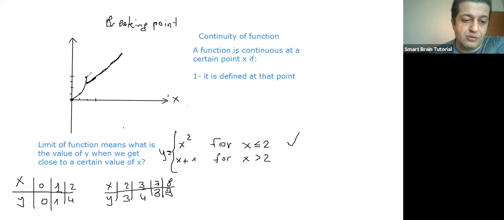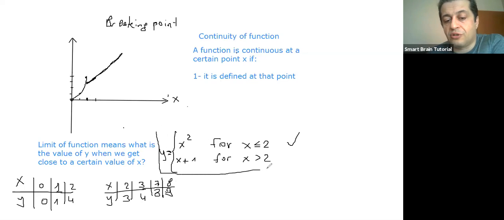But as you see, at the point 2 we have a breaking point. That's why this kind of function cannot be continuous. And if it is not continuous, we cannot find the derivative and the integral, which are very important, that we will deal with later, during the second half of the course.